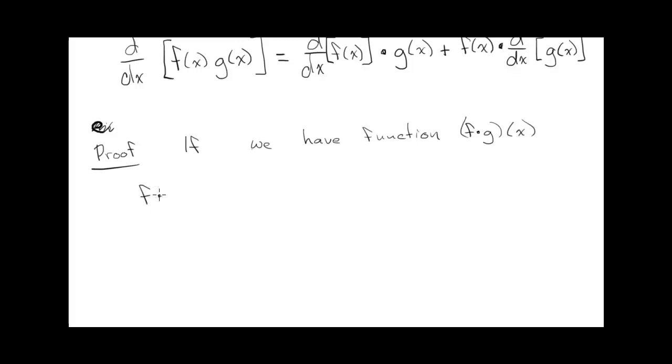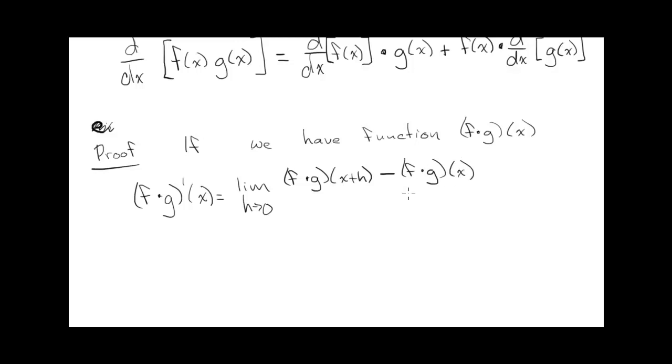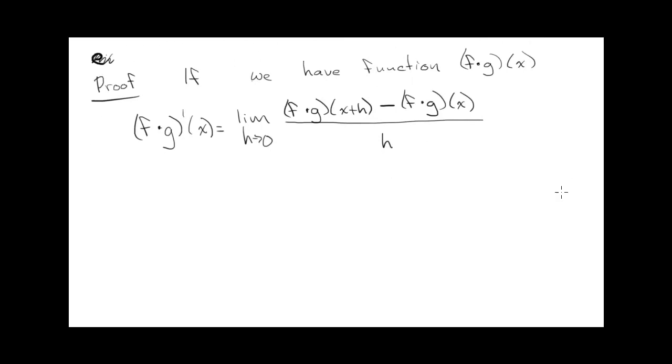If we don't have a rule, the only way to really do it is to use first principles. So by first principles, that'd be the limit as h goes to 0 of f times g at x plus h minus f times g at just x, all over h. So what is f times g?